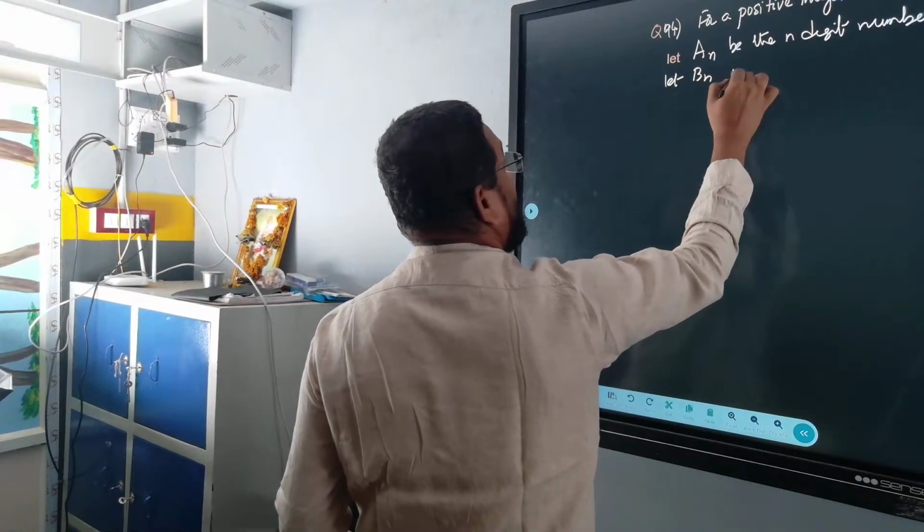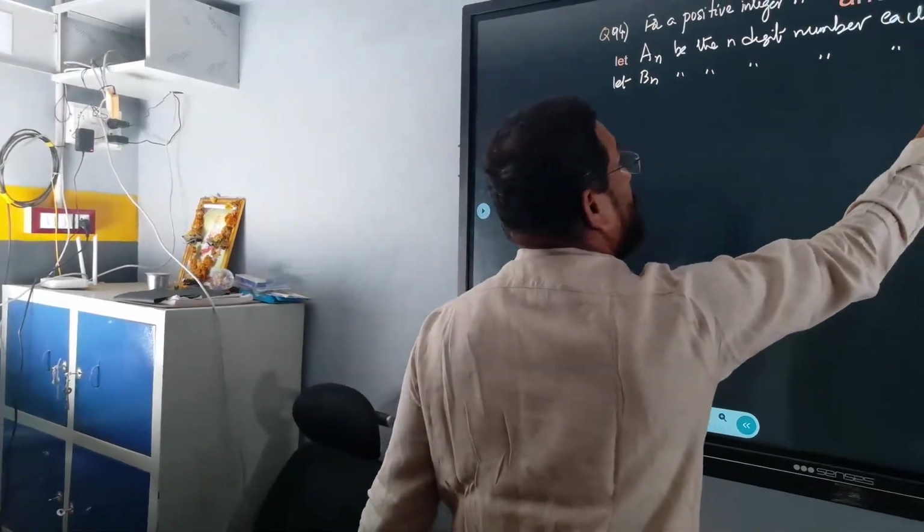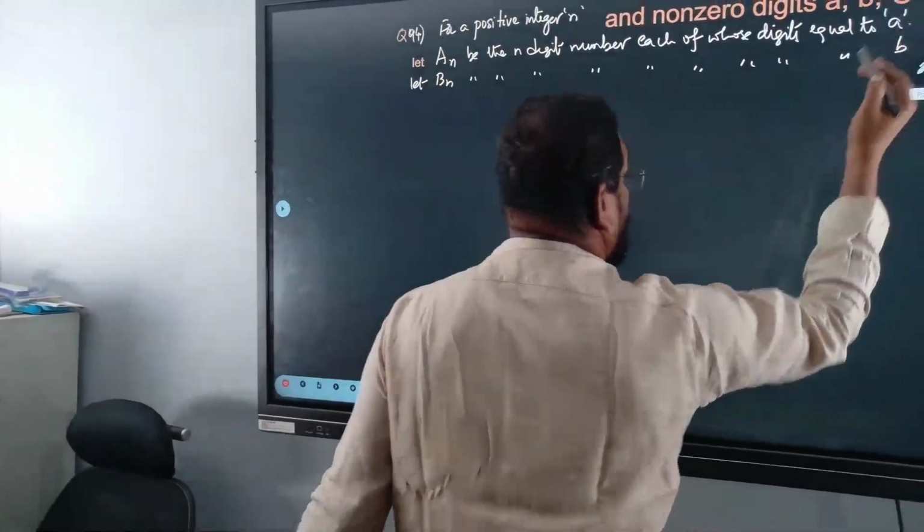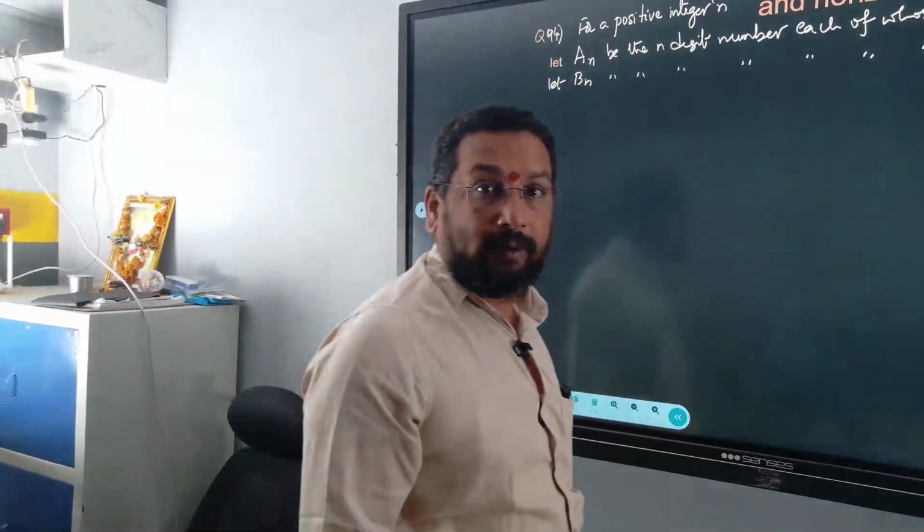Let bn be the n-digit number each of whose digits is equal to b.